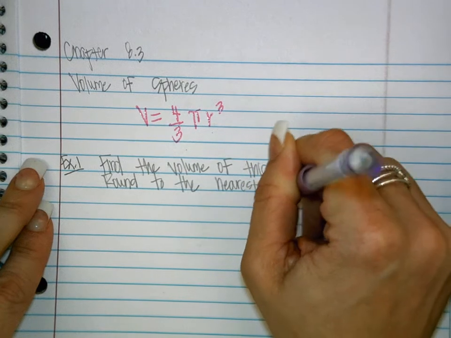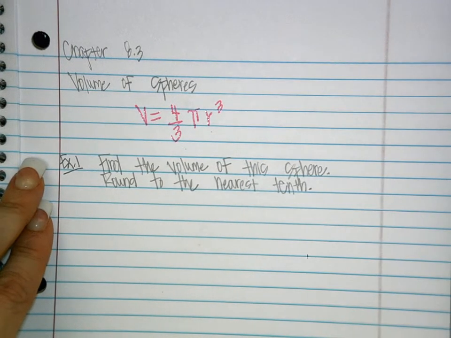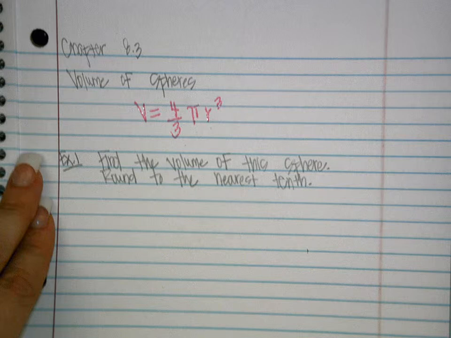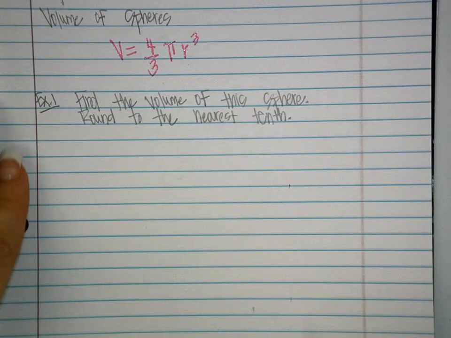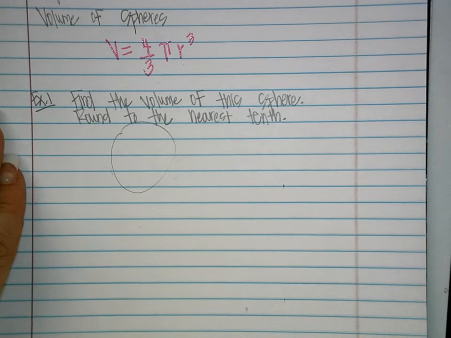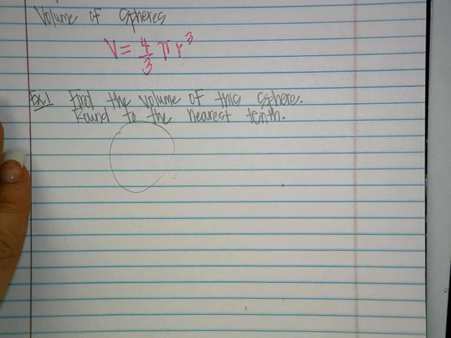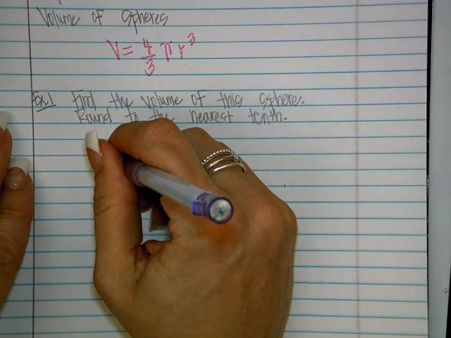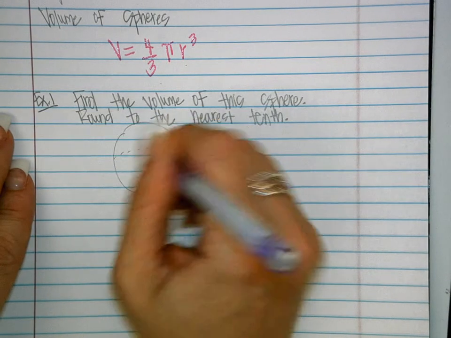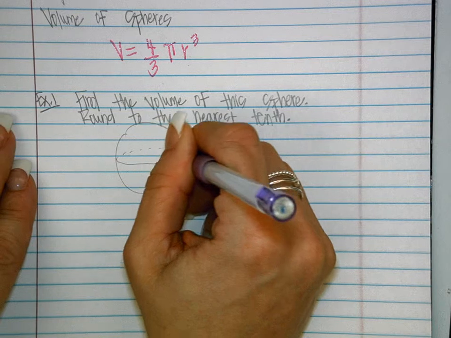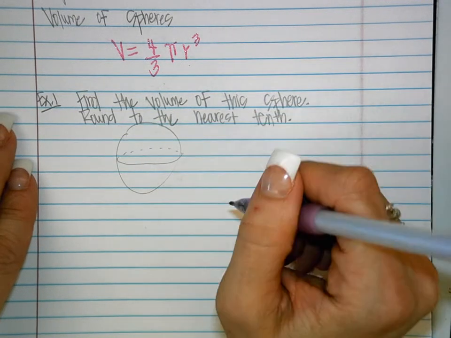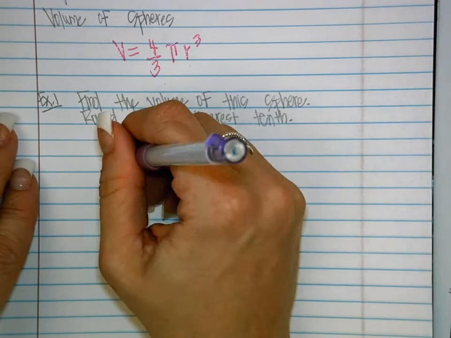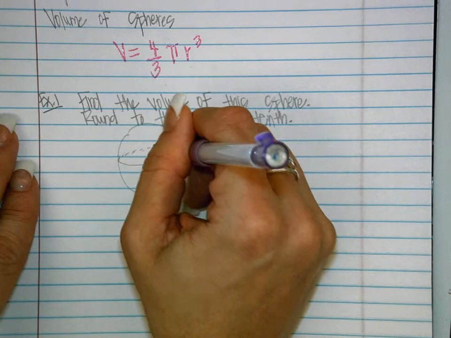So 1 decimal place. The way that we draw a sphere, kind of, is you draw a circle. Ish. And then we draw the back dotted and the front like an oval. It's a sphere, okay?